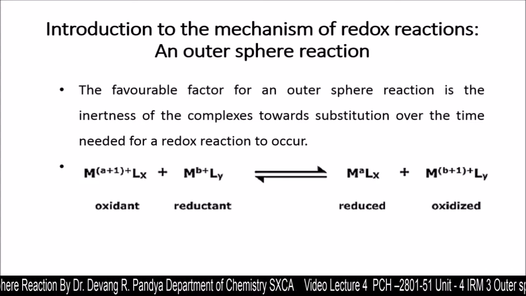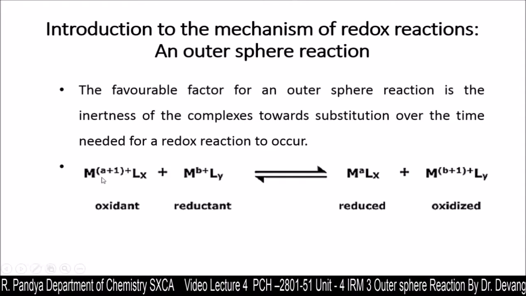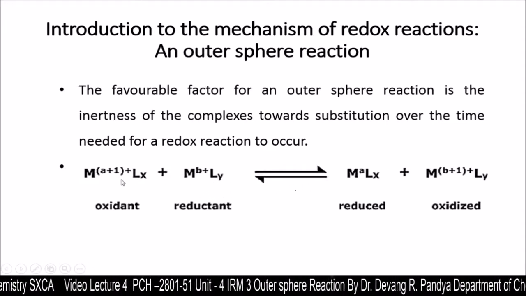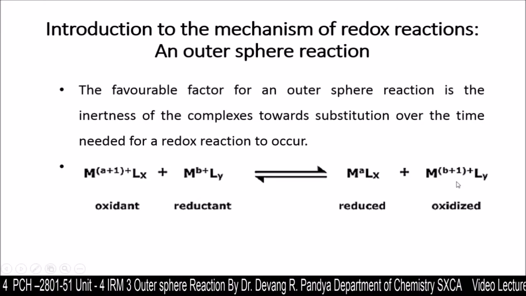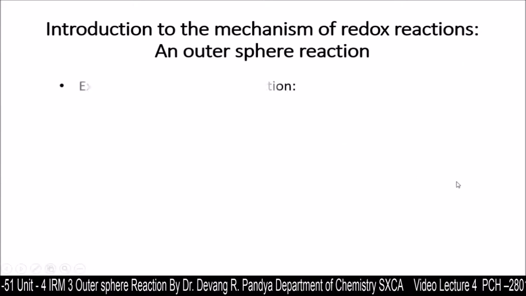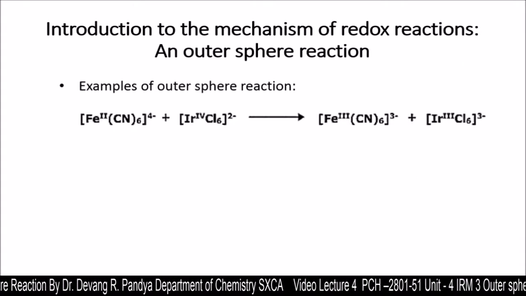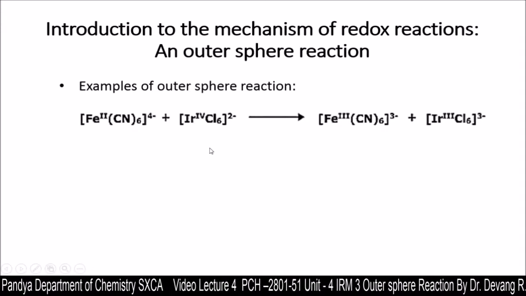Here is a common example. This one is the oxidant, and this one is going to be the reductant. So the oxidant gets reduced and the reductant gets oxidized. Example of an outer sphere reaction: a very simple example which we already gave in the previous lecture.